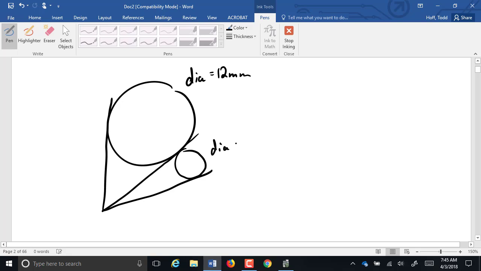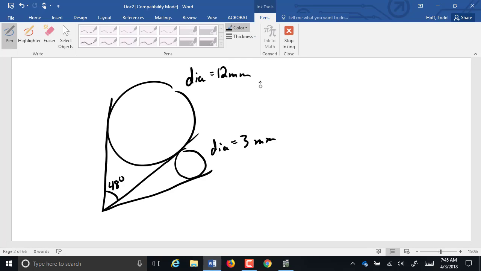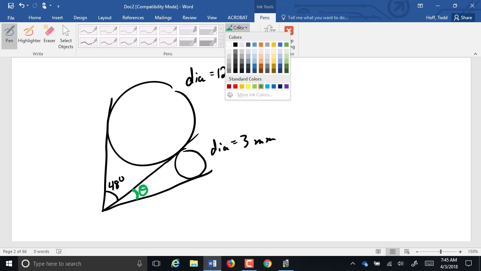This one here has a diameter of 3 millimeters. And this angle here is 48 degrees. I want to know that angle right there. How would I find that angle?